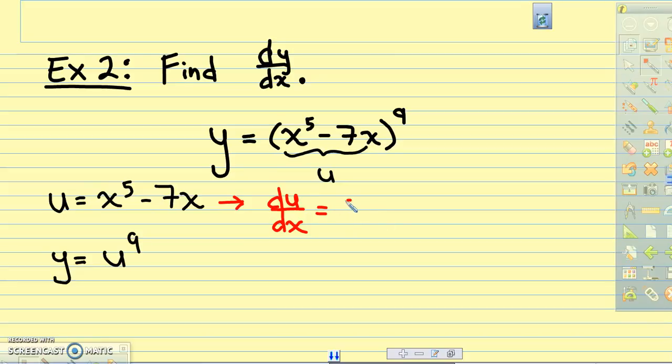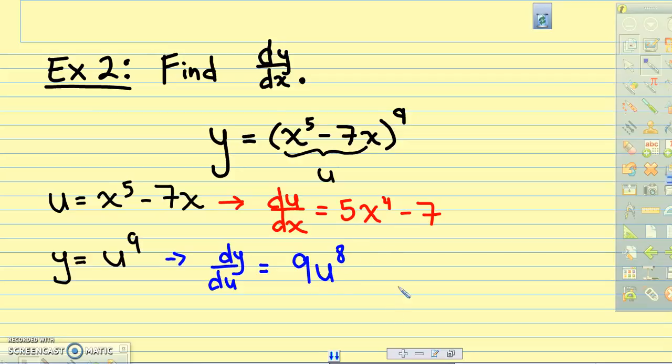So we get 5x to the 4 minus 7. So we have the second equation, y equals u to the 9. Y equals, and then every variable is a u. This is dy over du, which is 9u to the 8th power.